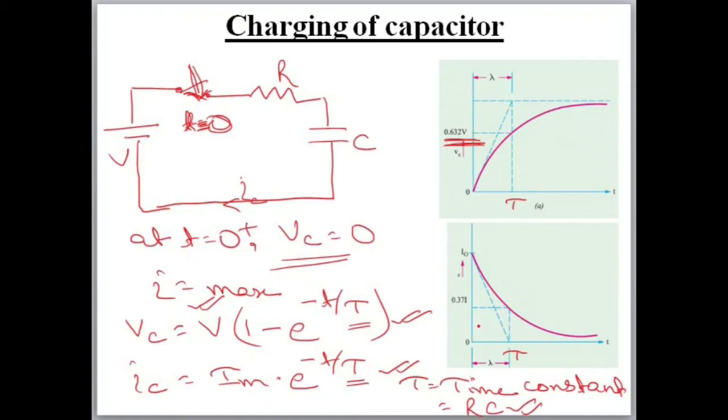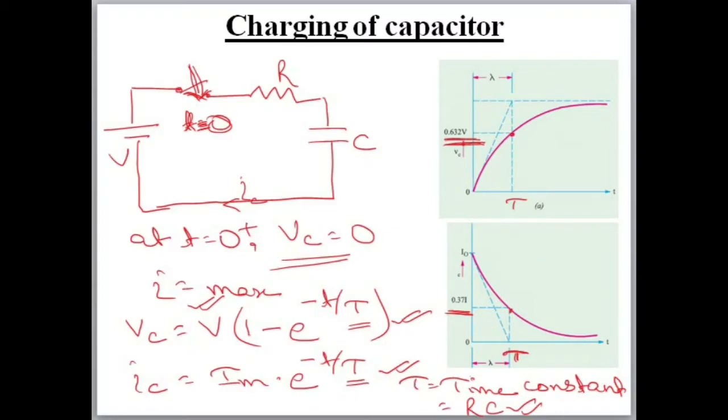Similarly, in case of current, whenever the current falls to 37% of the initial current, that point only is called the time constant. This point, here, this point.